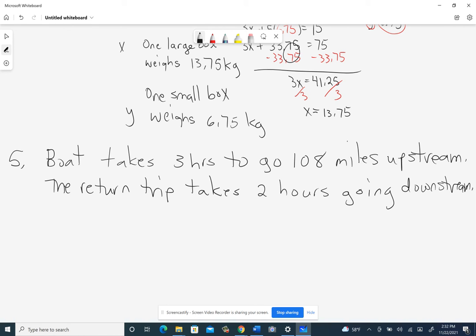Okay. Then it says, what is the rate of the boat in still water?